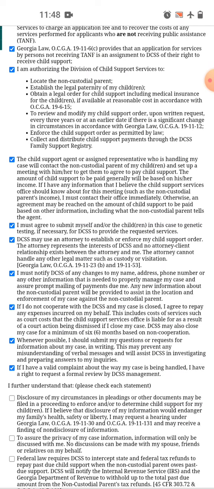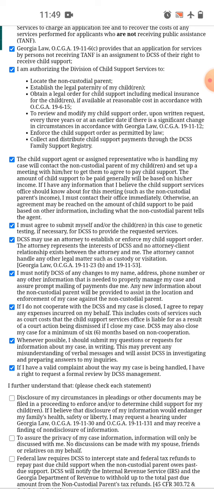DCSS may use an attorney to establish or enforce my child support order. The attorney represents the interests of DCSS, and no attorney-client relationship exists between the attorney and me. I'll read that again.